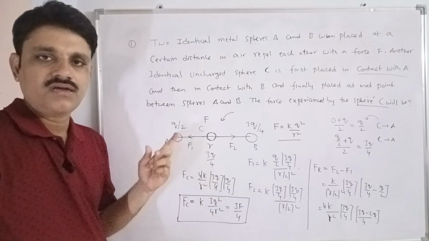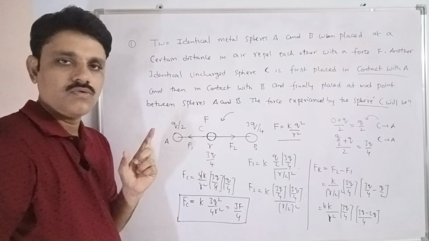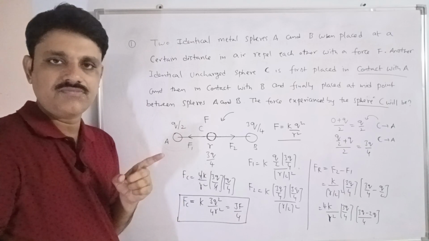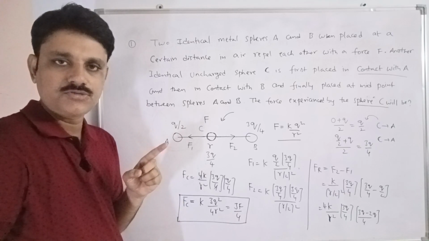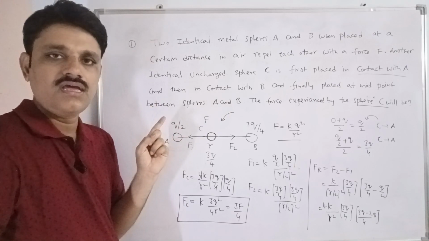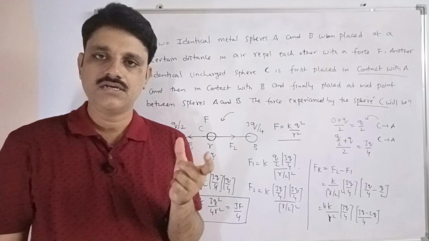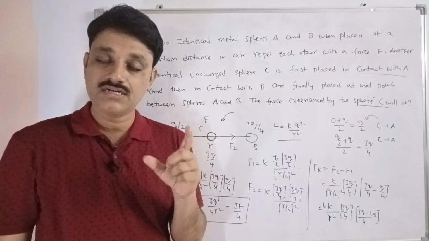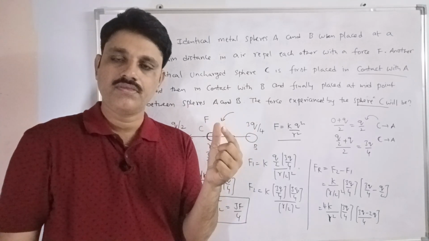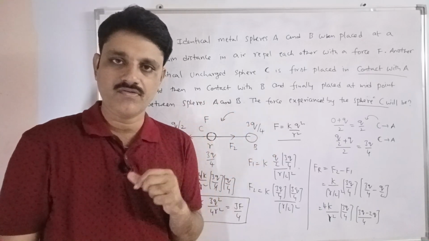Okay students, here initially the problem is that two charged spheres are given. One is A and another one is B, having the same charge, and another uncharged sphere C is given. Initially C makes contact with A, and A and C both have the similar charge q by 2. After that C contacts B, so B and C have equal charge 3q by 4.